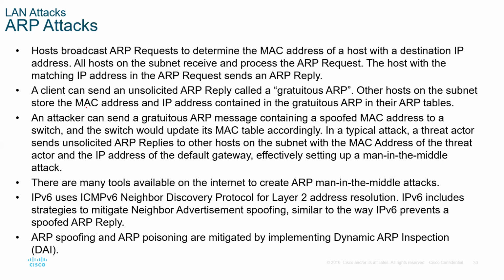That's one of the ARP attacks. The other one is poisoning the cache. A client can send an unsolicited reply, and other hosts on the subnet store the MAC address and IP contained in it in their ARP tables.